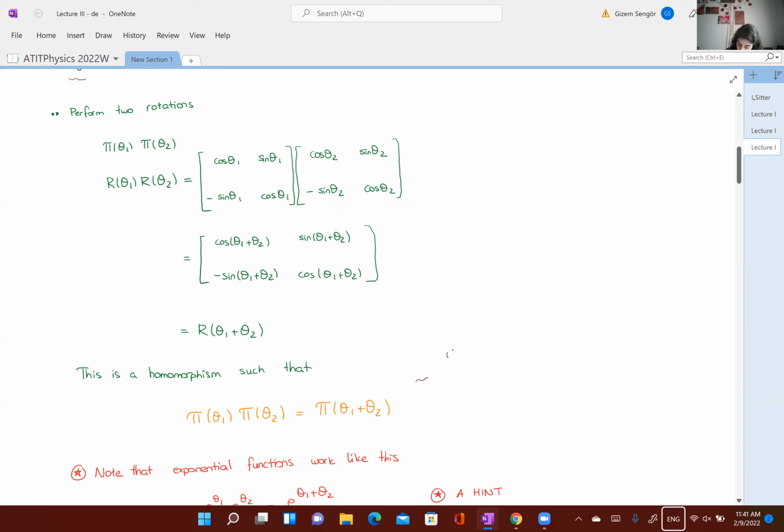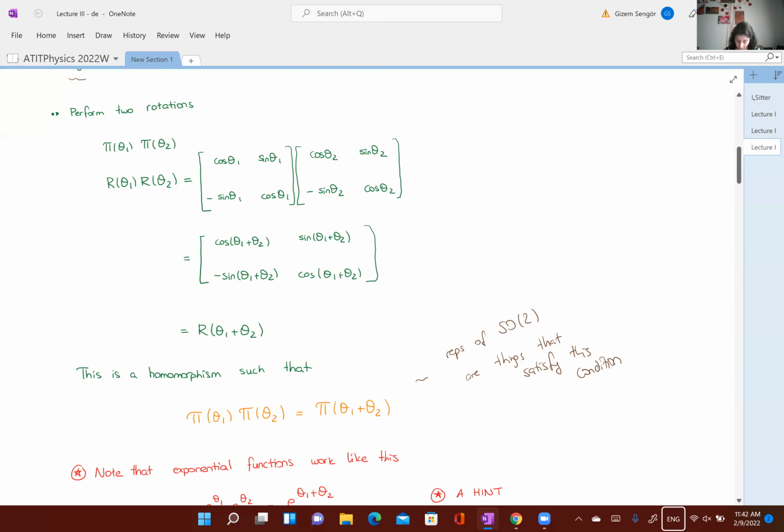Now the representations of SO2 are, okay, I'm going to say things. So these are matrices, but they could have been functions. Can you say function valued matrices that satisfy this condition?